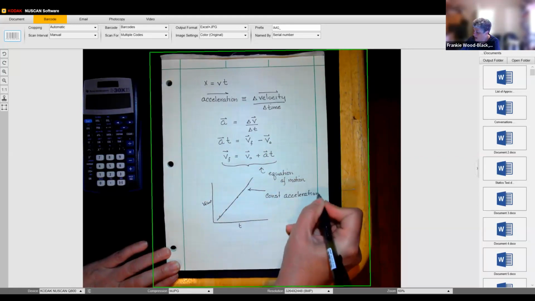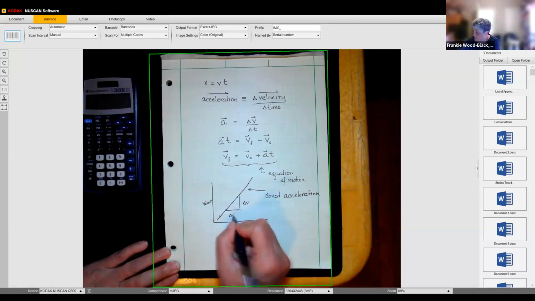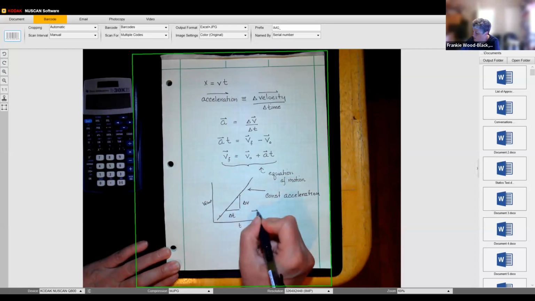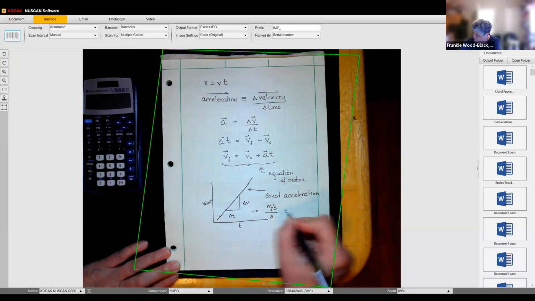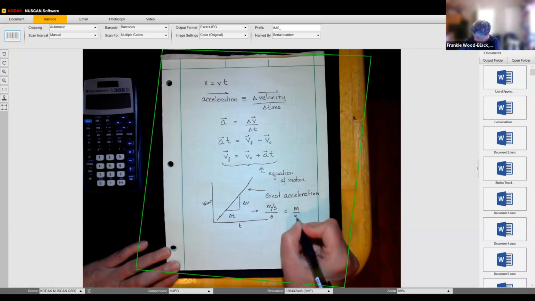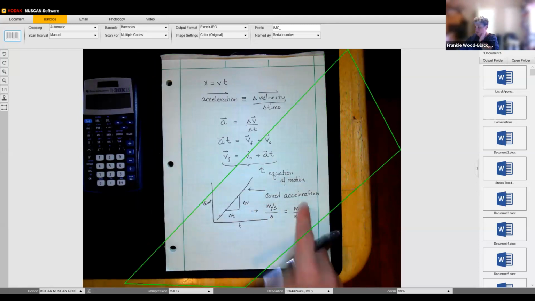And my slope, this will be a change in velocity. This is a change in time. My slope is going to be in units of meters per second per second, which is equal to meters per second squared. And I get this constant acceleration.